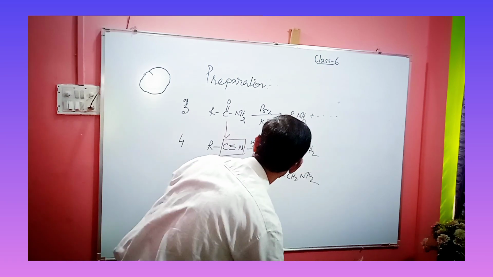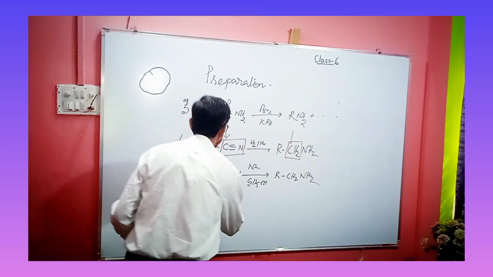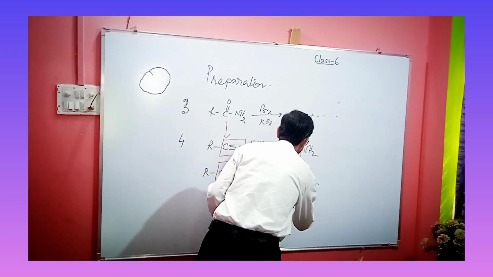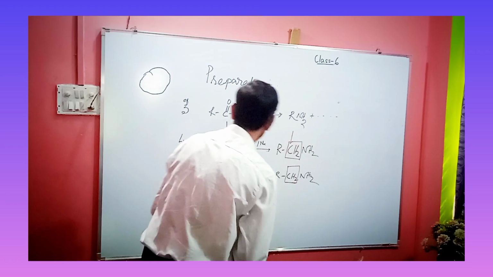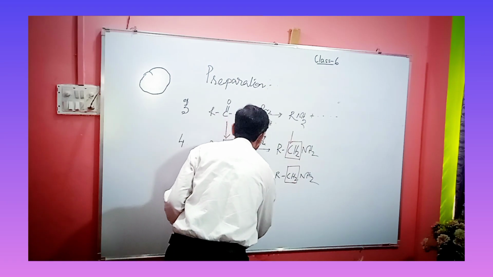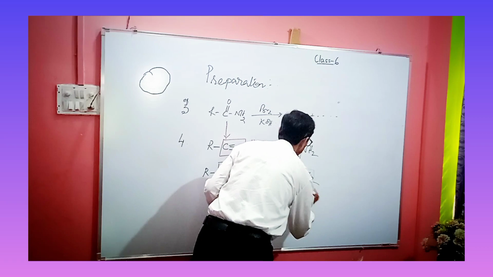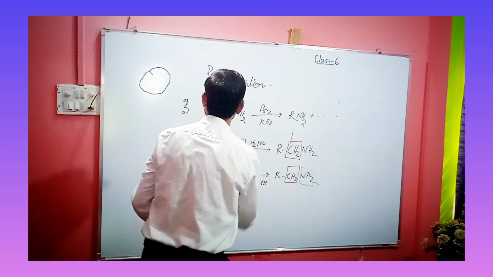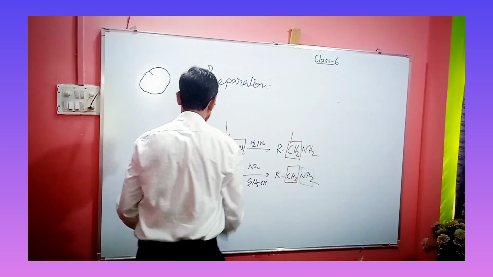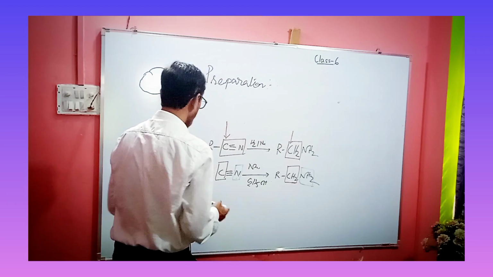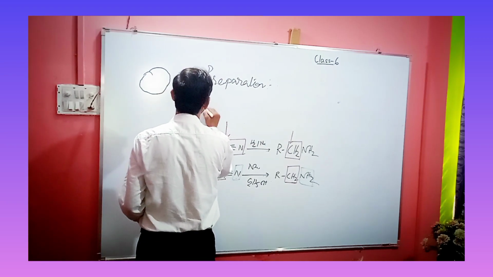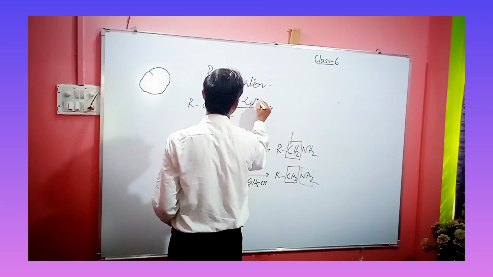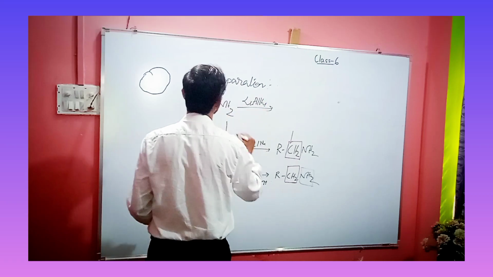Again you will get RCH2NH2. Again you will get amine from RCONH2 on reduction with lithium aluminum hydride.